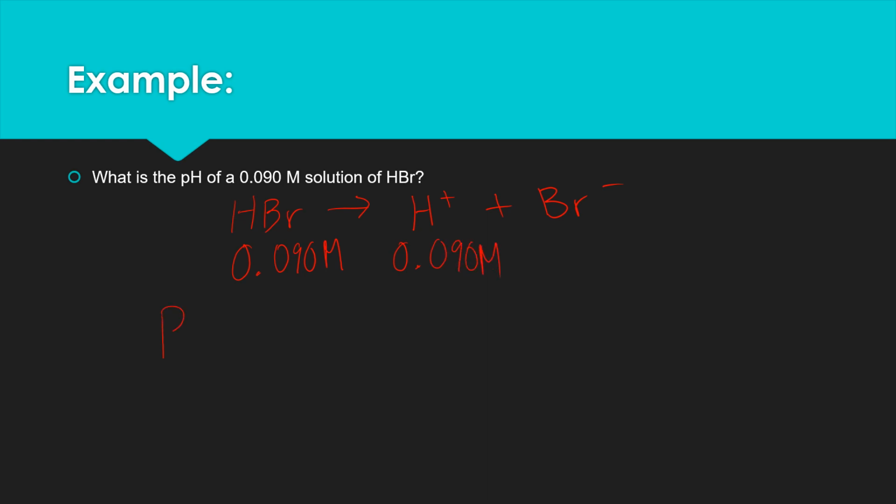So if we want the pH, we would do the negative log of our concentration of hydrogen, which is going to be the negative log of 0.090 molar. And we put that in our calculator, negative log 0.09. And I get 1 point, let's see, we have 2 sig figs, so 2 decimal places, 1.05 for our pH.